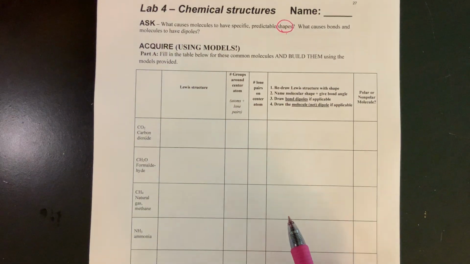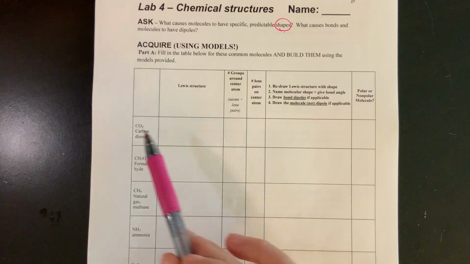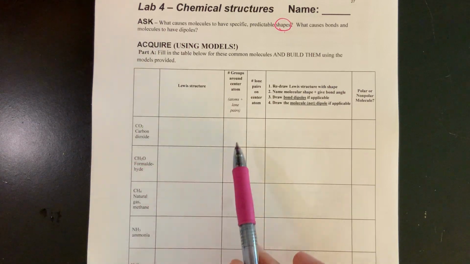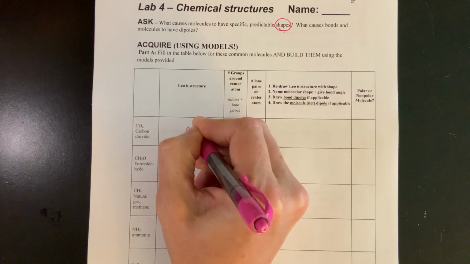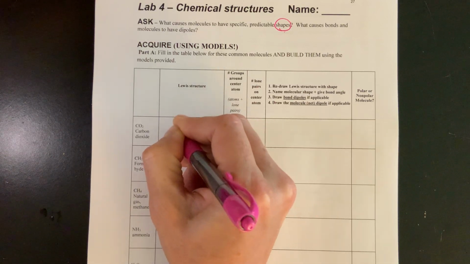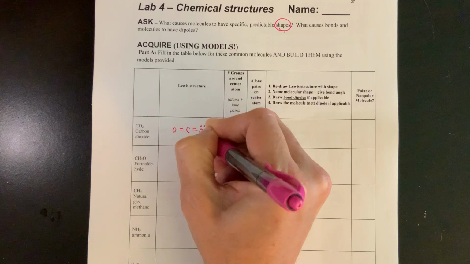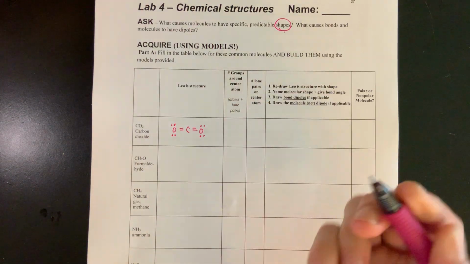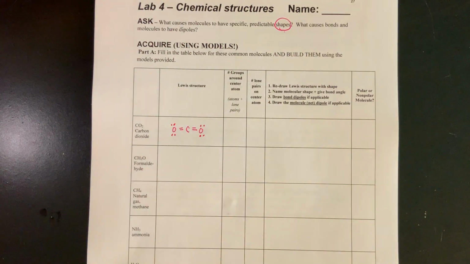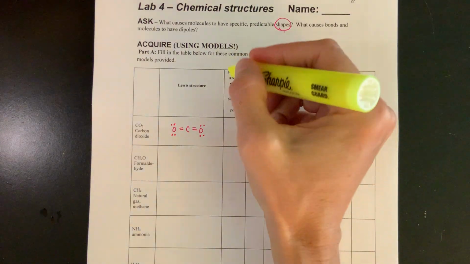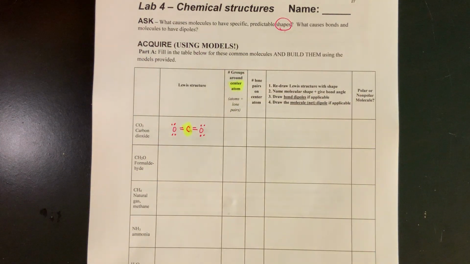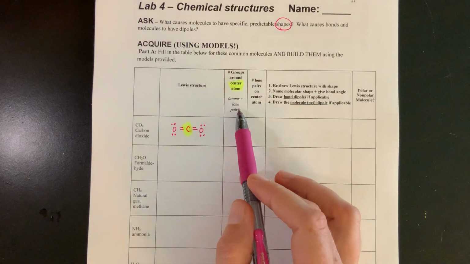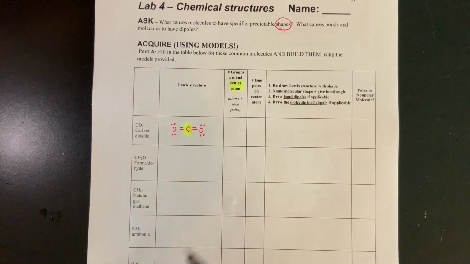So what are you going to put into each of the columns here? Let's start with carbon dioxide. You may want a separate sheet of paper to do some scratch work before you turn this in, but in the Lewis structure section, you're going to end up with your correct Lewis structure for carbon dioxide. In this column, it asks for the groups around the center atom. So center atom is going to be whatever's in the middle of your molecule. I'm going to count up the atoms and the lone pairs connected just to carbon.